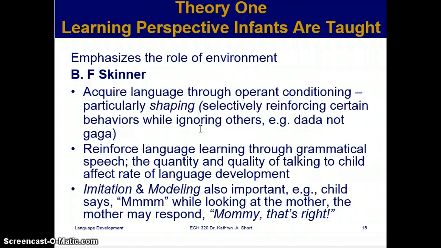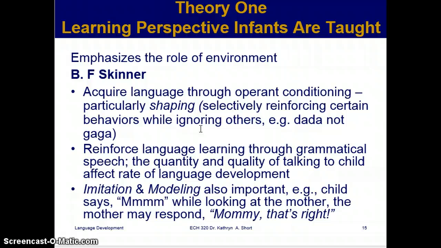So again, this is to do with the environment. The more you talk to your child, the smarter he's going to be. Next point, imitation and modeling are important. So role models, etc. The better you speak English, the better your child will.